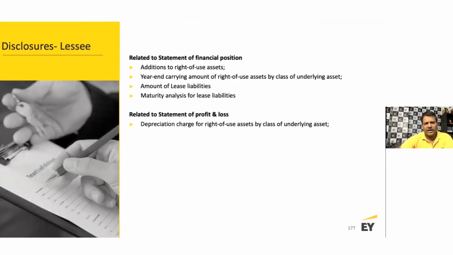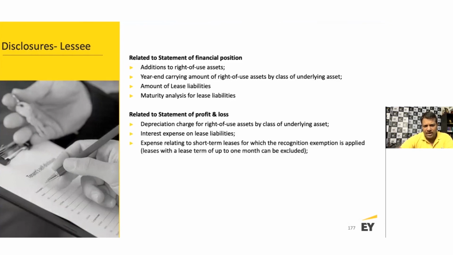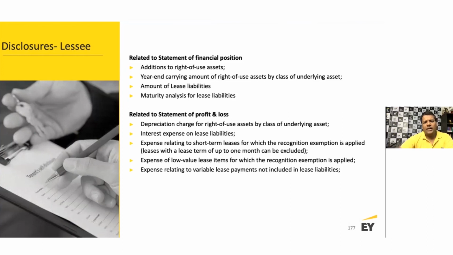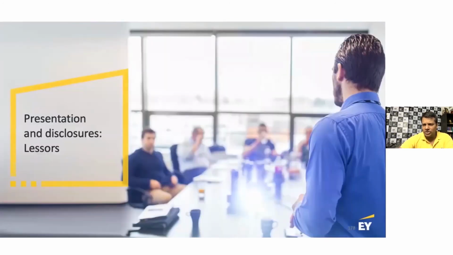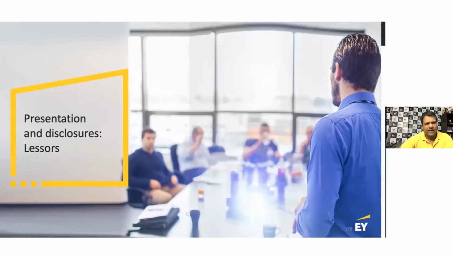Statement of P&L, the depreciation charge, the interest expense, the short-term leases, the low value item, variable lease payments, subleasing right of use, gain and loss from sale and lease back, all of that. And then of course cash flow also you need to disclose. Tons of disclosures. So disclose, and disclose, right?